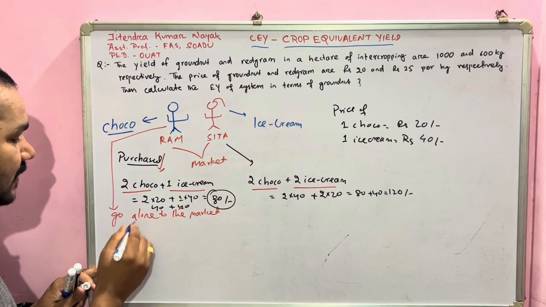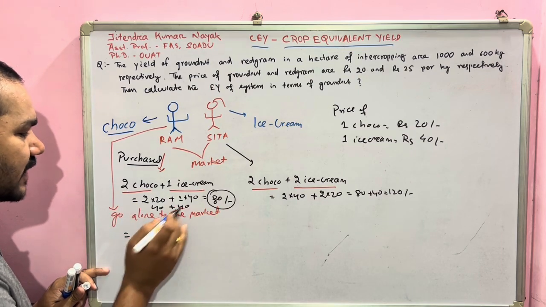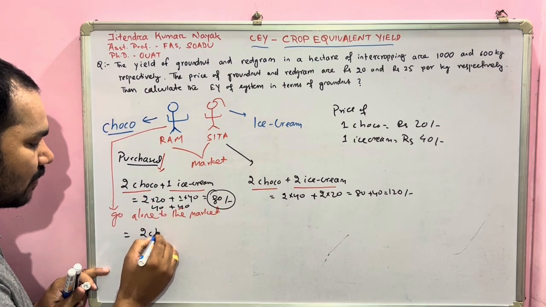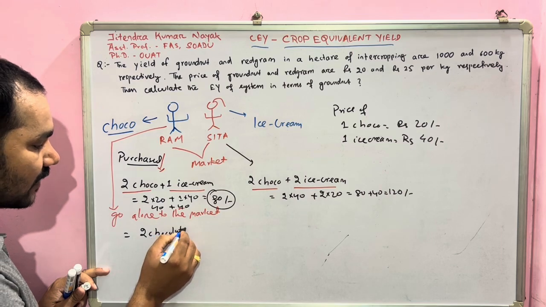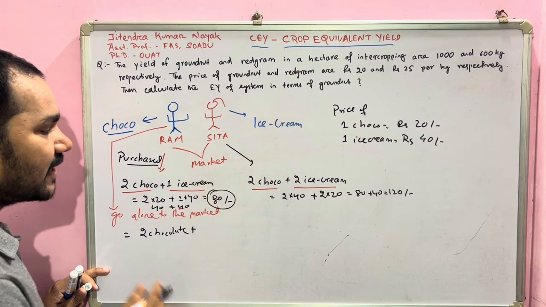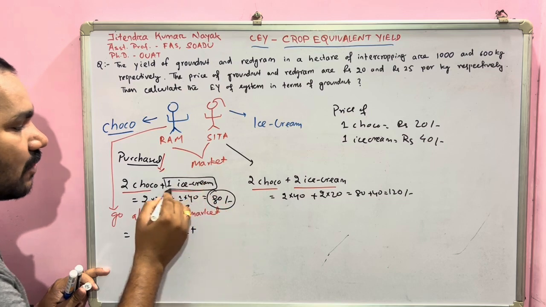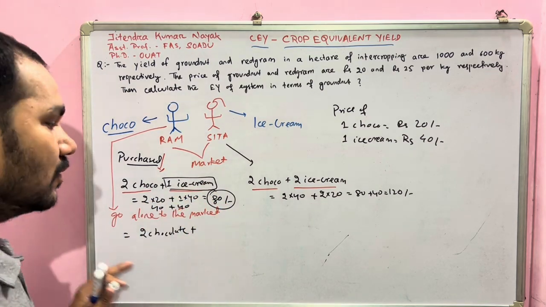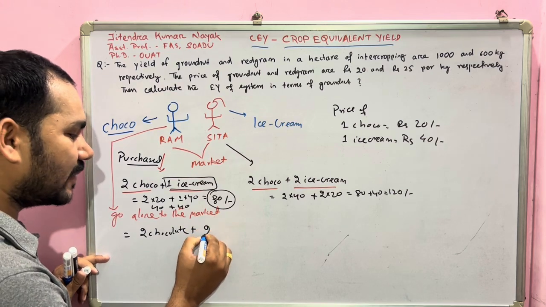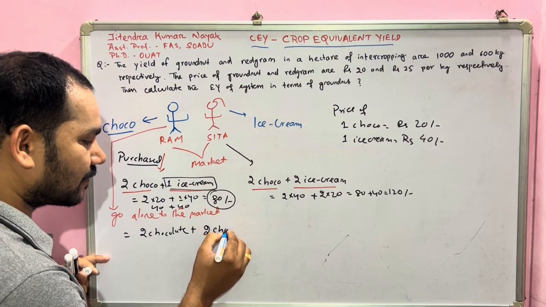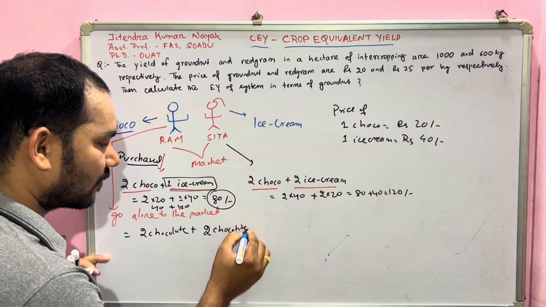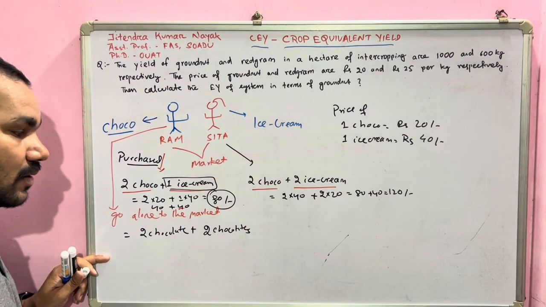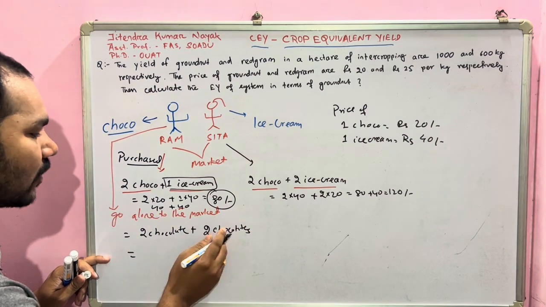So 2 chocolates will be purchased, and instead of 1 ice cream, how much chocolate will Ram purchase? Your answer will be 2 chocolates, yes or no?